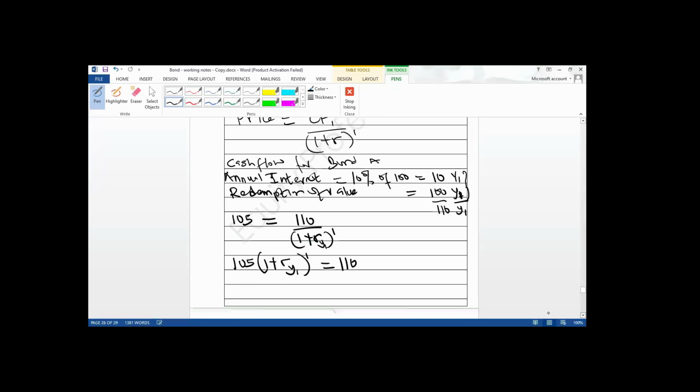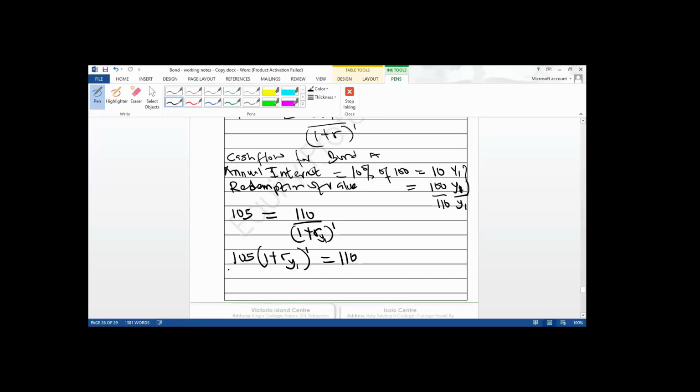Divide both sides by 105 to make it the subject of the formula.